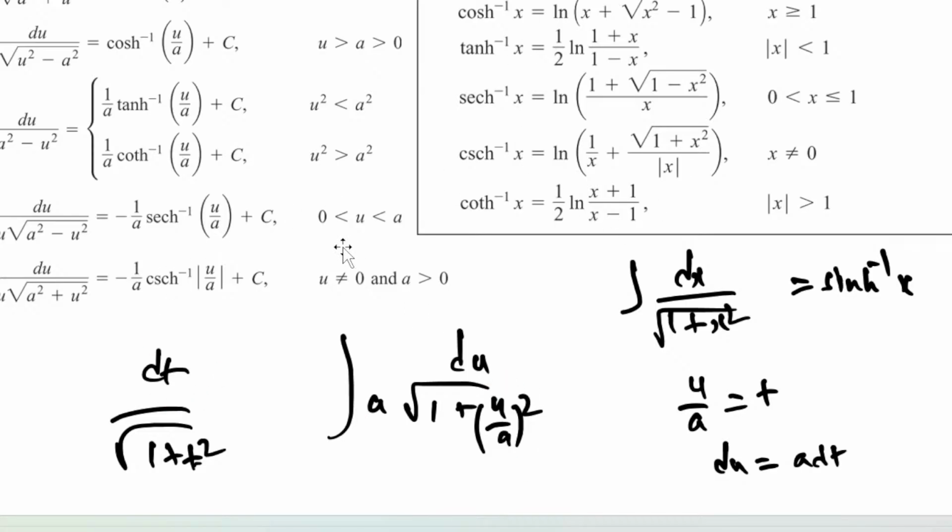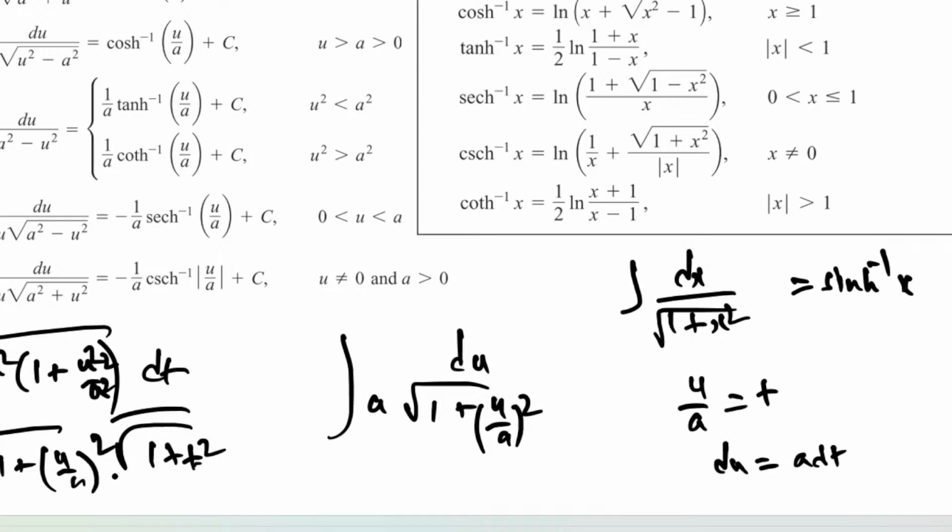We will write this as a square times 1 plus u square by a square, right? And this one, a square plus u square, we can take a common, and u by a whole square, right? Understood, no?